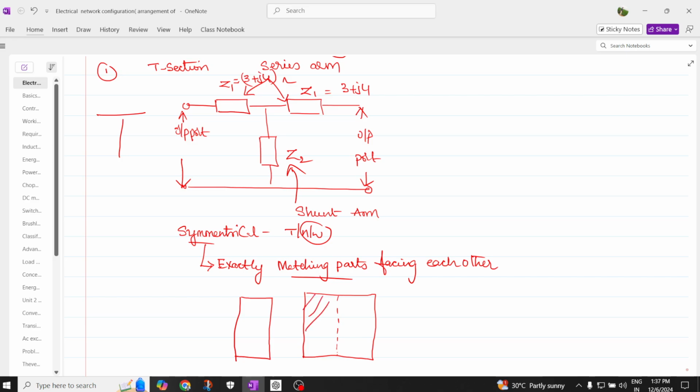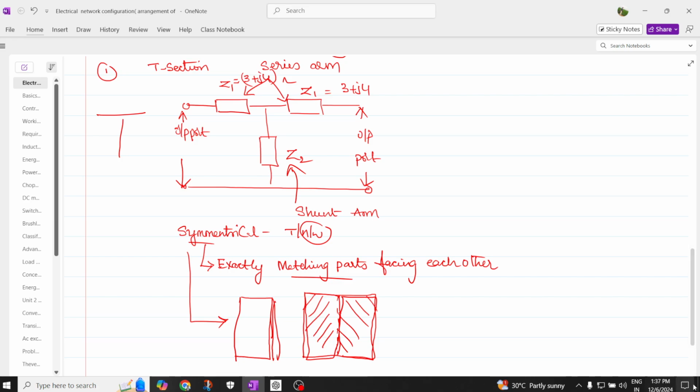The area occupied by this half is equal to the area occupied by the other half when you fold at the center. So the matching parts face each other, and this is called symmetrical.